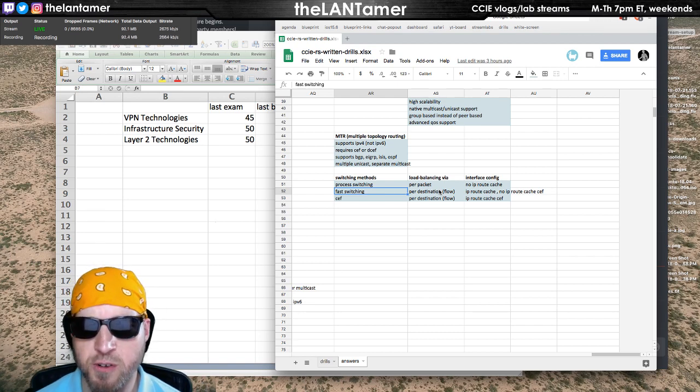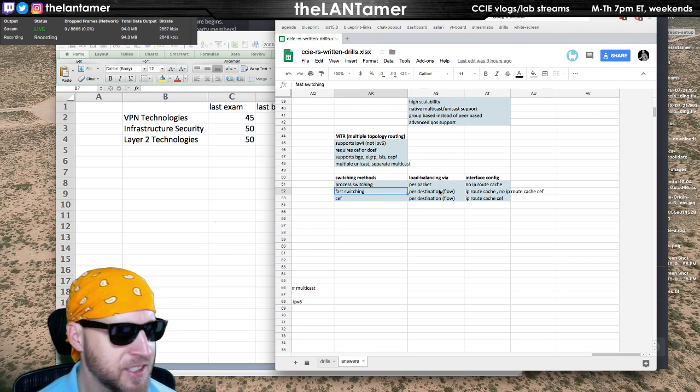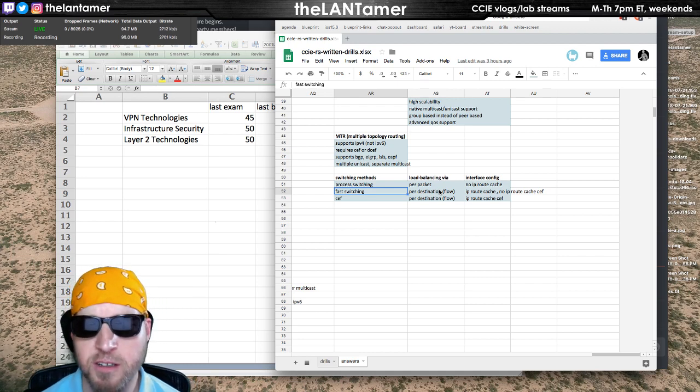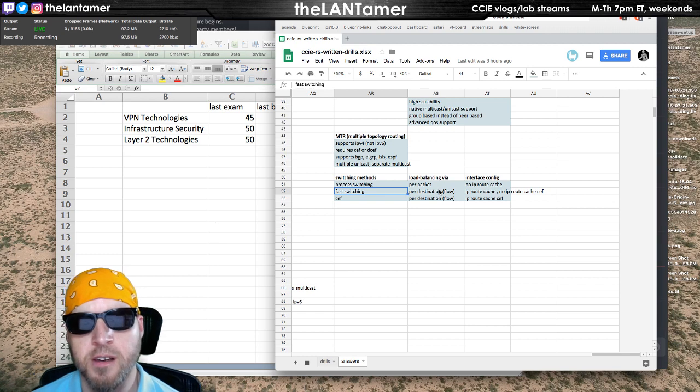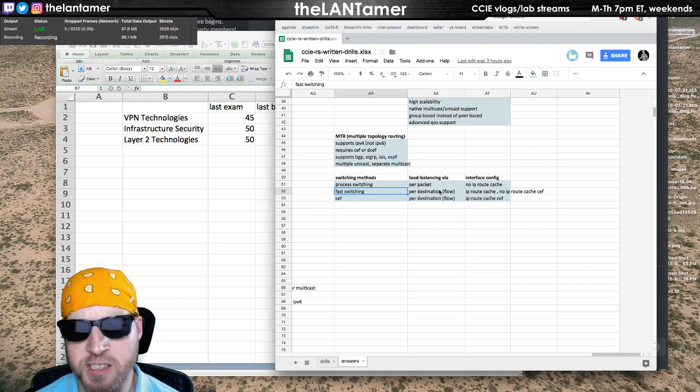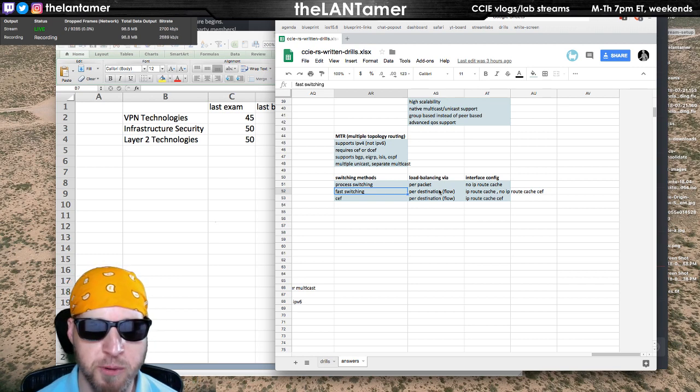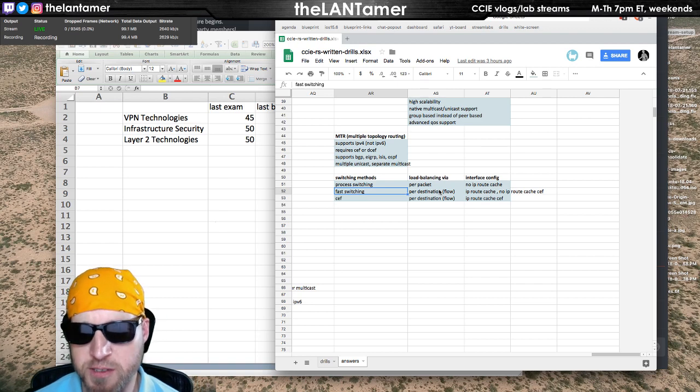There is no IP route process switching. It's either you've got fast switching on or you turn it off to go to process switching. You want to do CEF, you do IP route cache CEF. And that, of course, is a preferred method, and that is per destination or per flow load balancing.